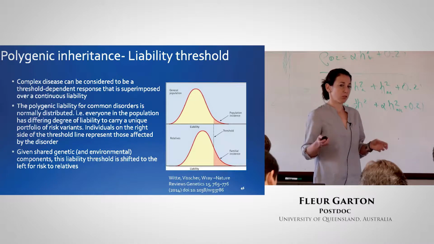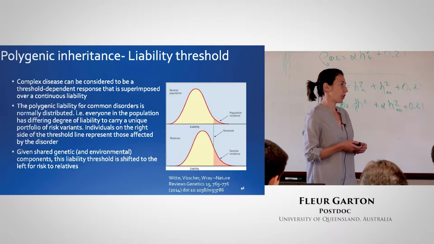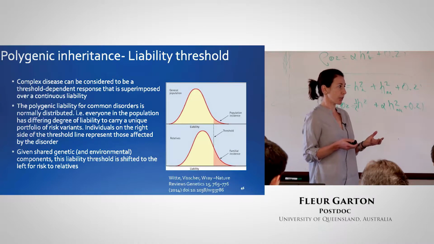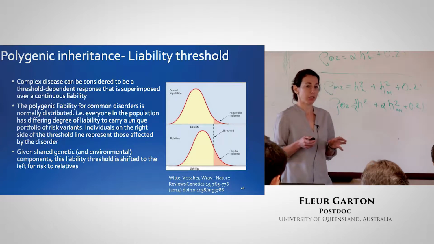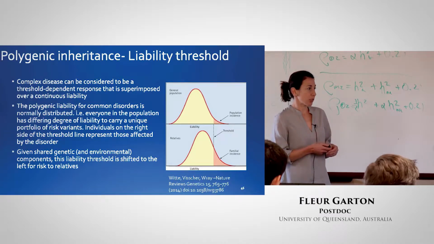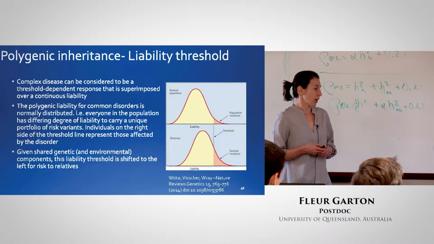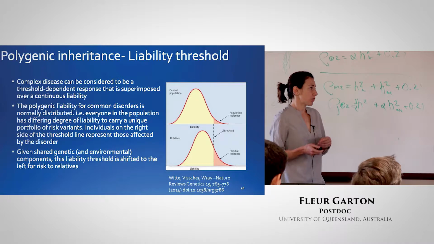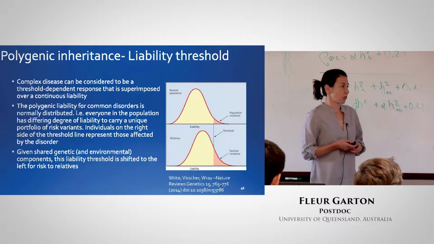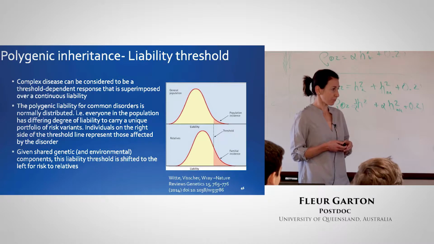And actually every single person in the population has a differing degree of liability, and everybody carries a unique risk variance. And so any individual on the right of this threshold represents those affected by the disorder. And so given shared genetic and of course the environmental components, the liability is shifted to the left for risk to relatives.